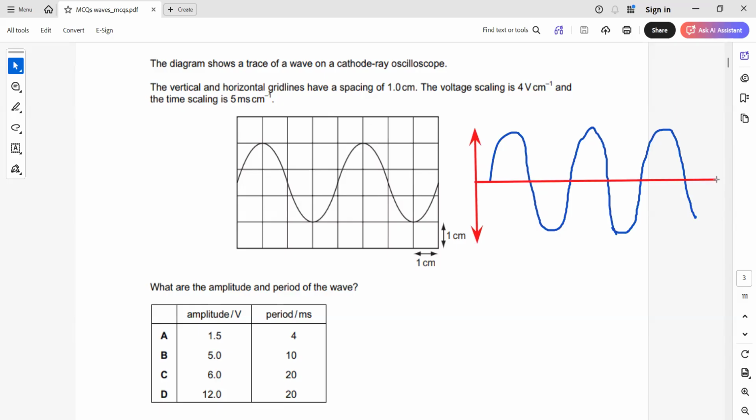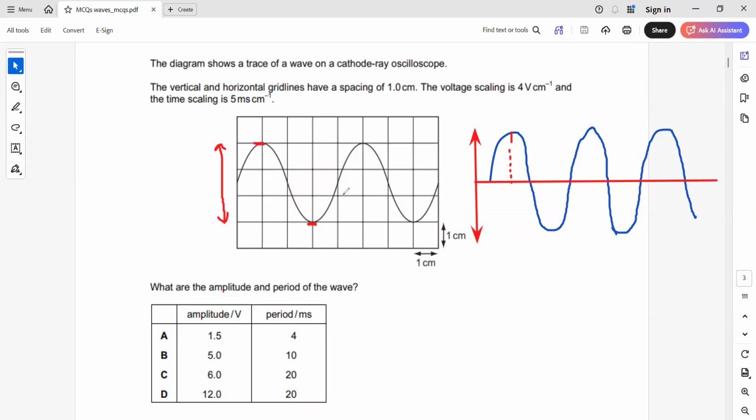And when I get this half distance, this will be the amplitude. So what we did, this is one extreme and this is another extreme. What is the vertical distance from one extreme to another? How many boxes did it cover? It covered 3 boxes.